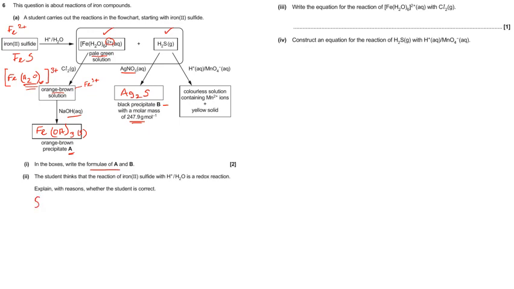So the student is incorrect, because redox reactions require a change in oxidation number. The reason is that oxidation numbers stay the same. You could say the oxidation number of iron stays at +2. Okay, there we have that.